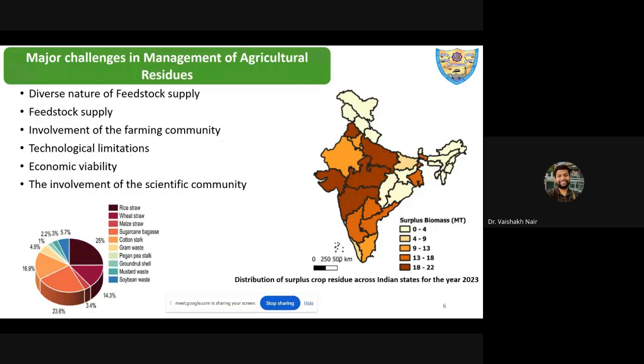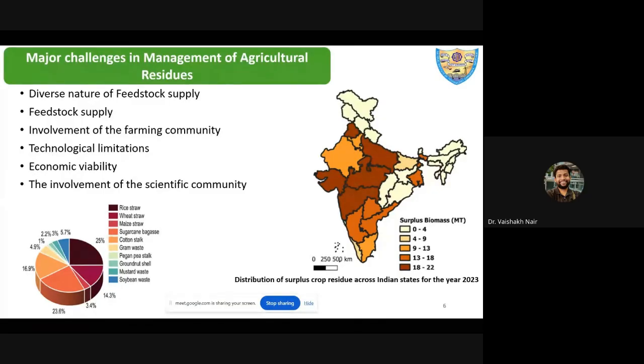Then the biological part also comes into the picture. All of that plays a lot of role in the application of agricultural residue in sustainable agriculture and agricultural waste management.